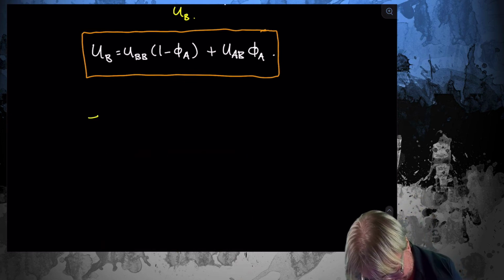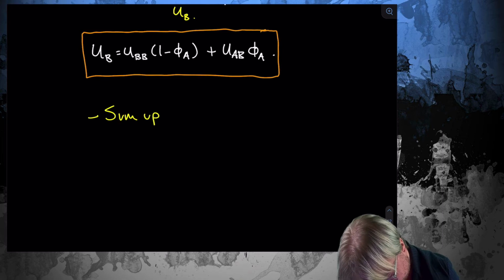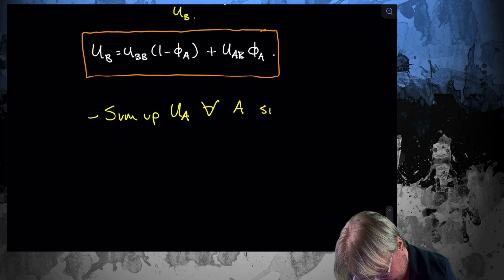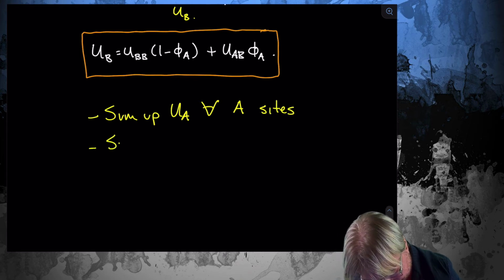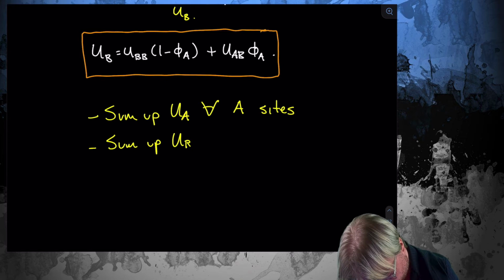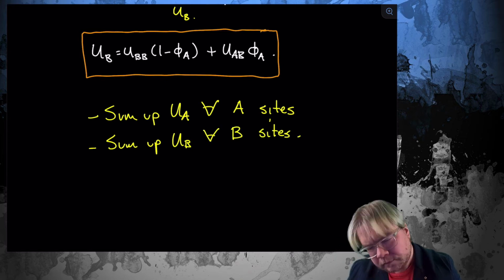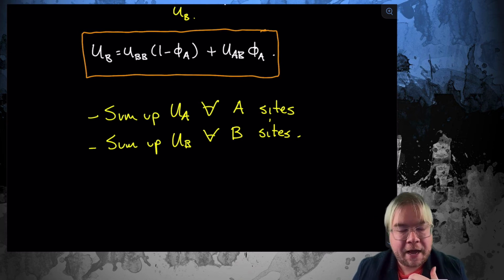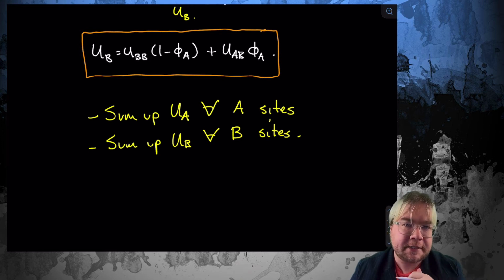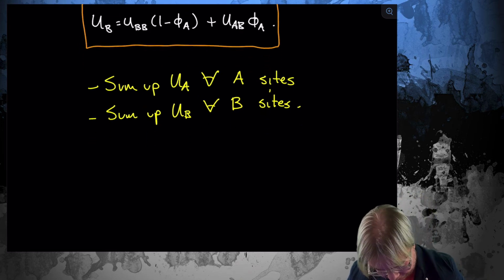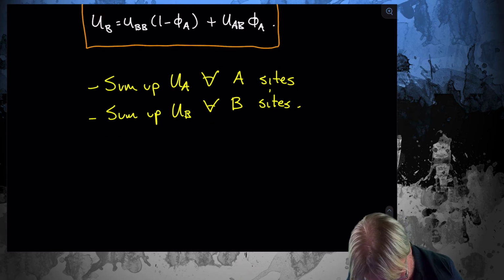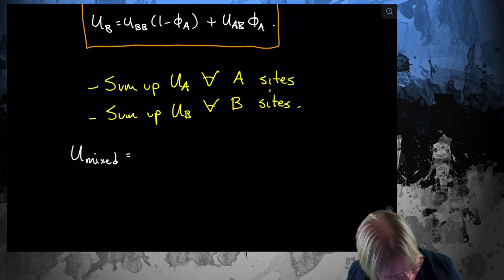So what I'm doing next is I have to sum up UA for all A sites, and I have to sum up UB for all B sites, and that will be the average internal energy, or the average energy of my system in the mixed state. Let's call this U of the mixed state.